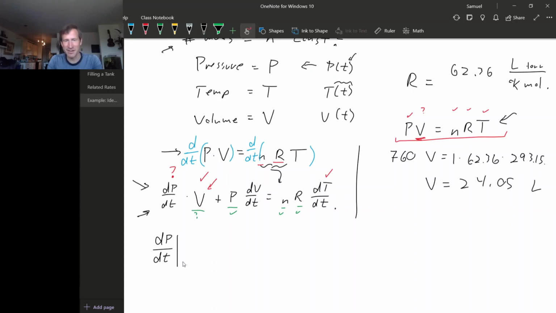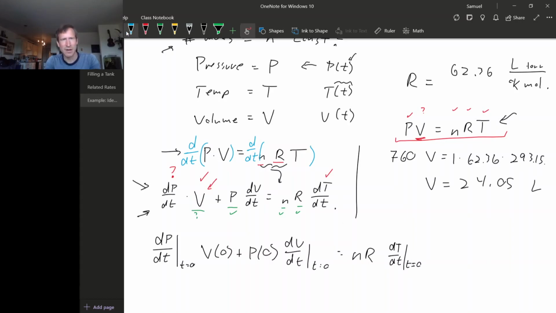I haven't named the time. Let's call it time 0. And then evaluate this volume at time 0, evaluate this pressure, evaluate this rate of change of the volume equals n times R times the rate of change of temperature at time 0.